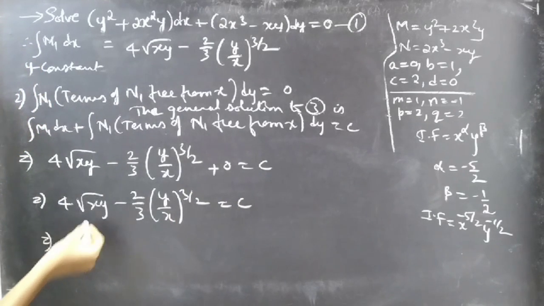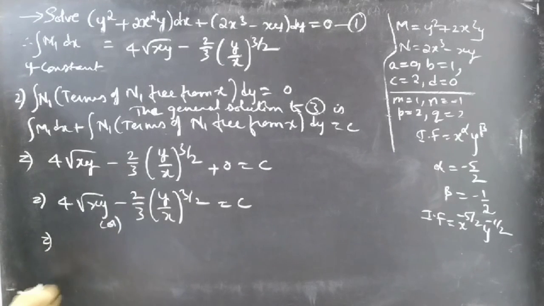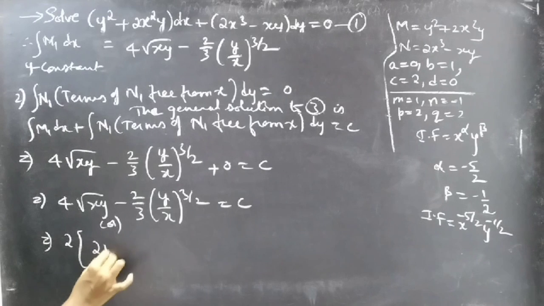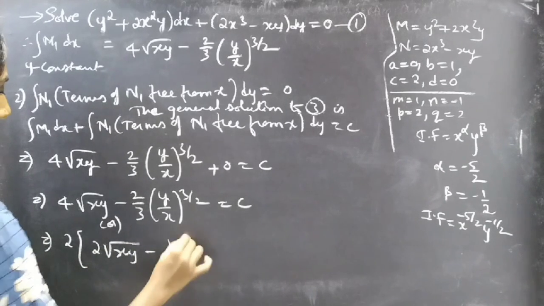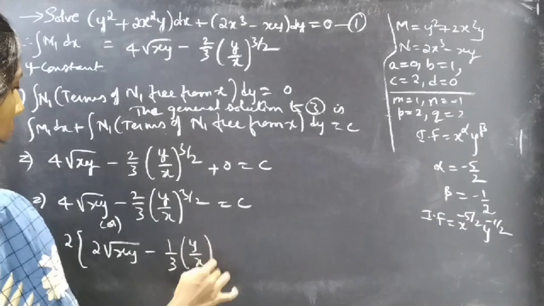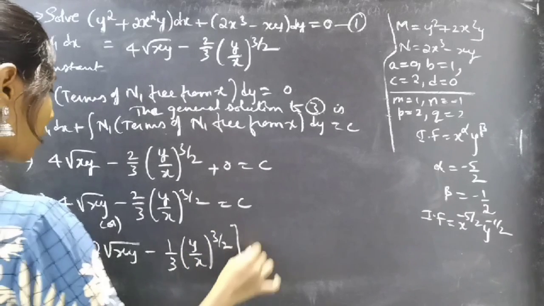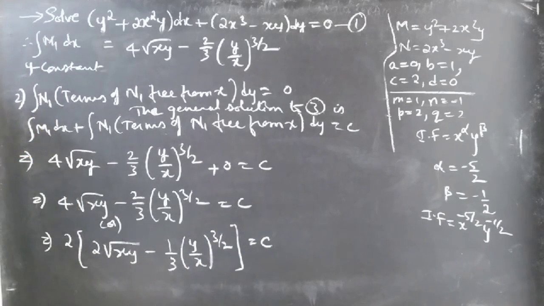Now we can just consider it as the equation, or take 2 common from these two terms, and we'll get 2 times 2 root xy minus 1 by 3 into y by x whole to the power 3 by 2 equal to c.